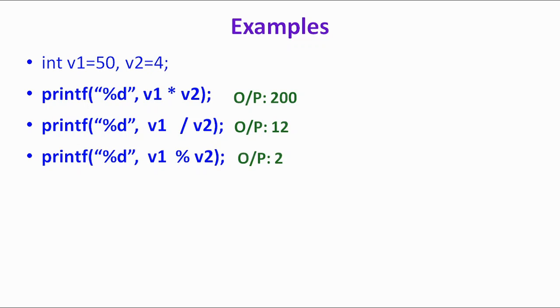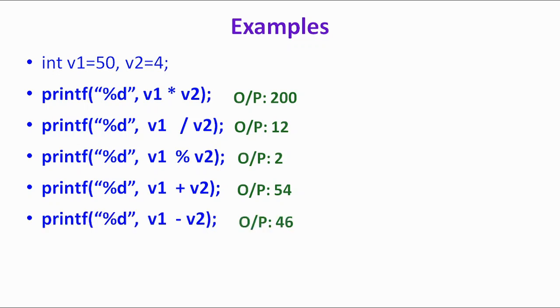When we use the percentage operator, modulo division is performed and the remainder of the division is returned as the result. In this statement, the values of v1 and v2 are added. Here v2 is subtracted from v1.